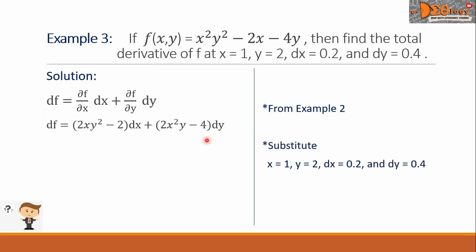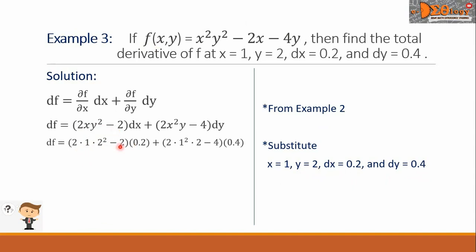The next step is we're going to substitute the values. x equals 1, y equals 2, dx equals 0.2, and dy equals 0.4. And it will be like this. 2xy squared becomes 2 times 1 times 2 squared.